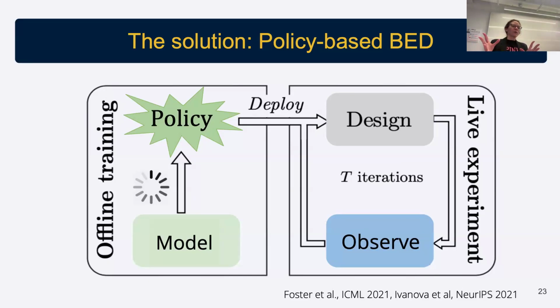And what we're doing is shifting the expensive computations into an offline pre-training stage. In this offline training stage, we take our model, so our prior and our likelihood. We're going to roll out many hypothetical experiments with that model, and we're going to train a policy that we can then deploy during the live experiment for very quick and adaptive design decisions.